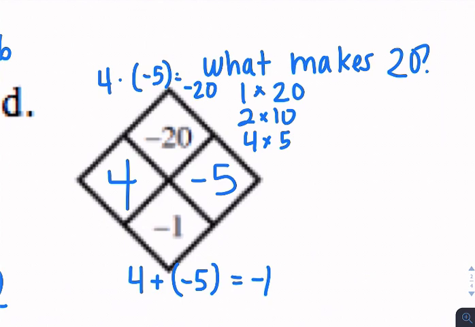And if I do negative 4 plus positive 5, I get positive 1, which is not negative 1, so it had to be positive 4 and negative 5. I knew that my bigger number, when I filled this in, had to be negative because my sum was negative. So just little tips and tricks to help you figure out what those ones should be on your test.